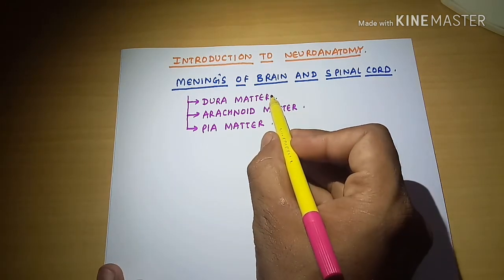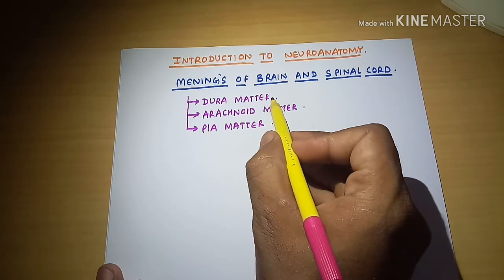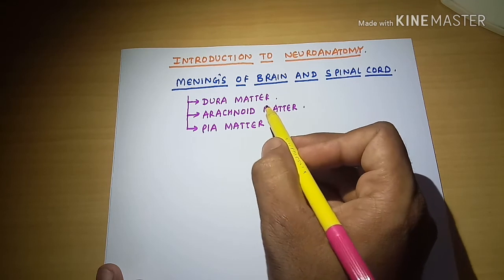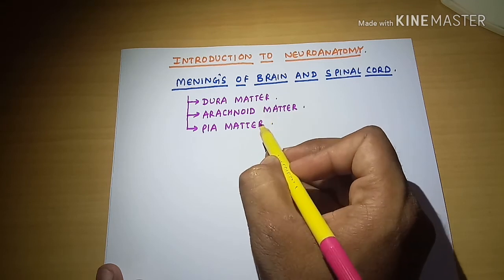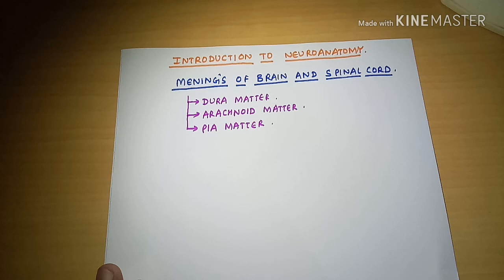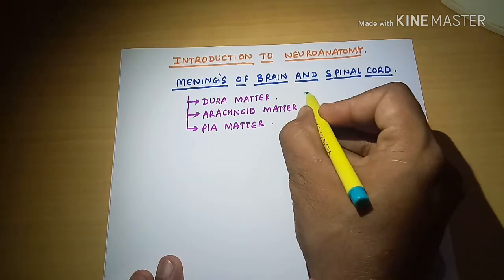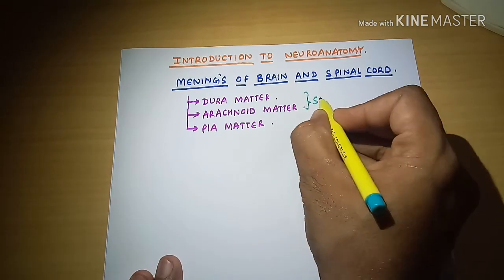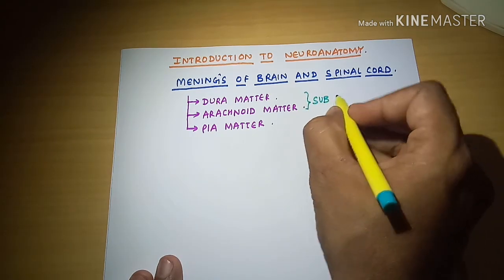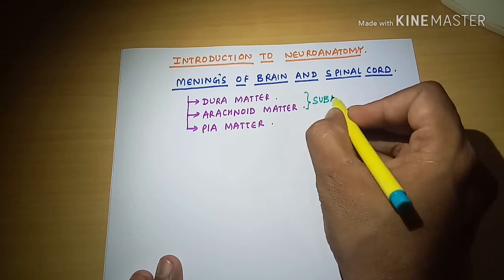The space between the dura mater and the arachnoid is the subdural space, and the space between the arachnoid and the pia mater is the subarachnoid space. So the space between the dura mater and the arachnoid is the subdural space, okay?